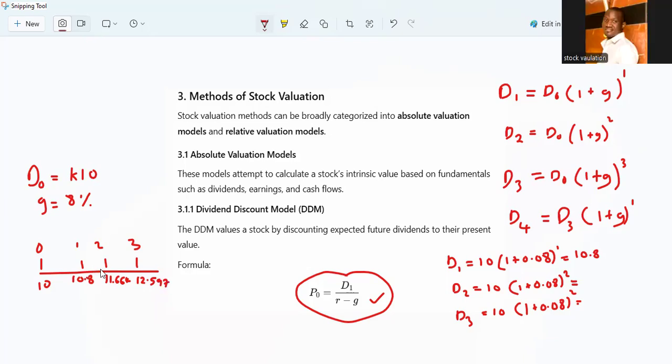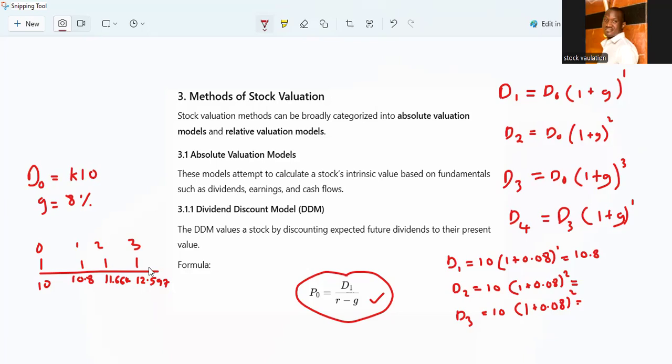If you want, you can multiply by 1.08 each time. So this is how we find the dividends for each of these years.